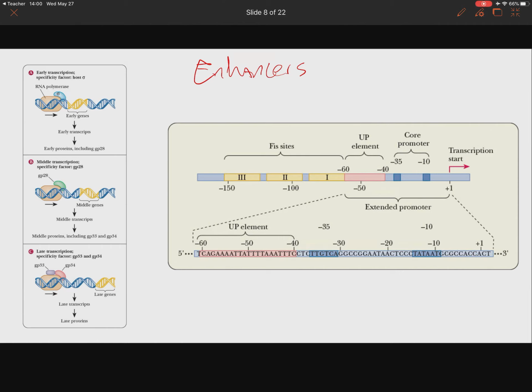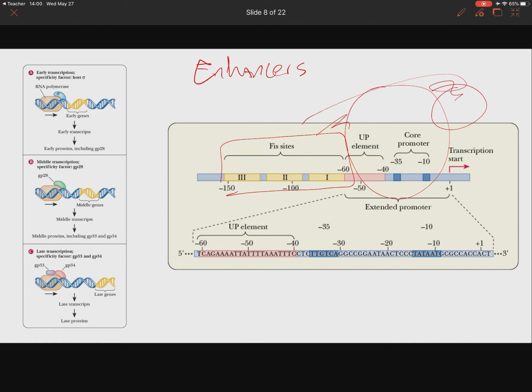And so you can see here, these would be transcription factors. These FIS proteins would come and bind here and help recruit the binding of RNA polymerase and sigma factors, because they would be here and interactions between them would promote all of this. So enhancers can help to increase the transcription of a gene. And again, the example I'm showing you is specifically a gene for ribosomal RNA production.